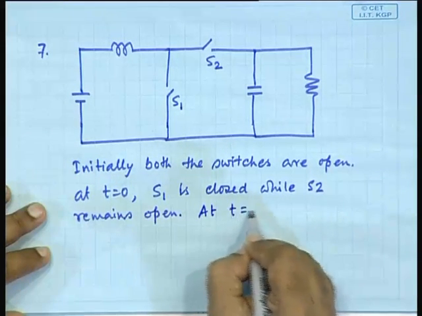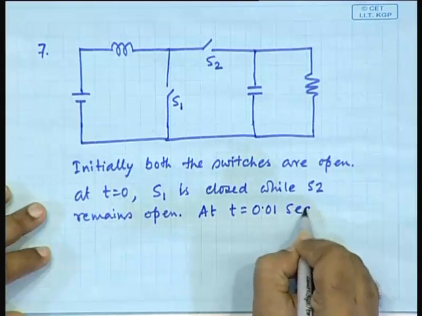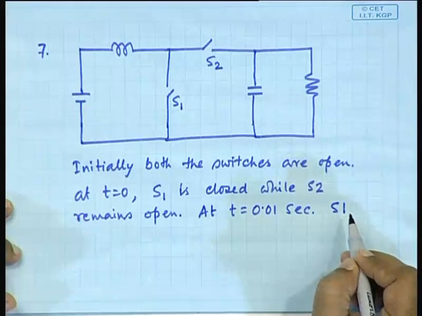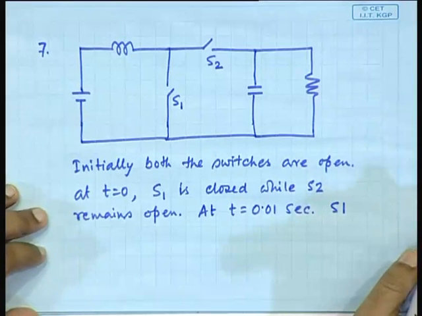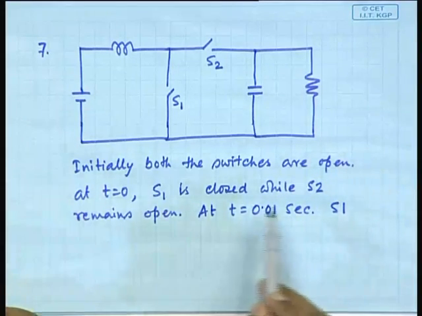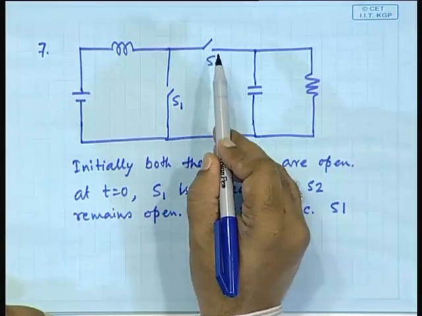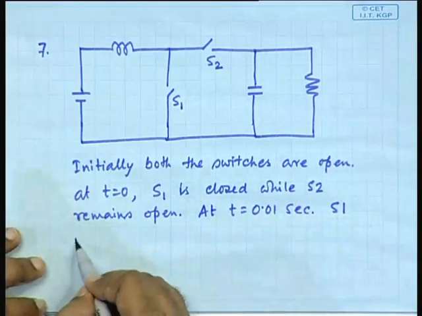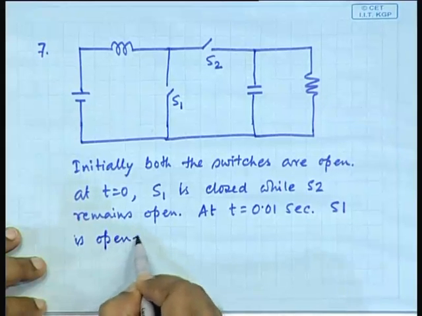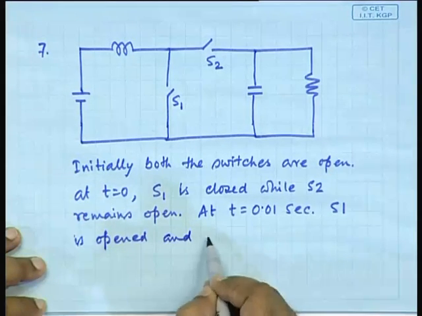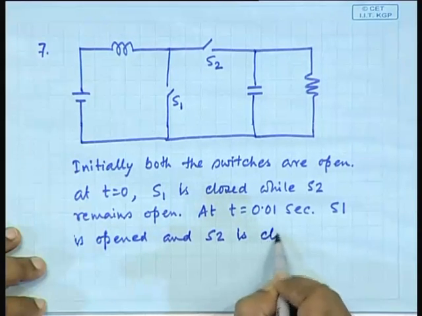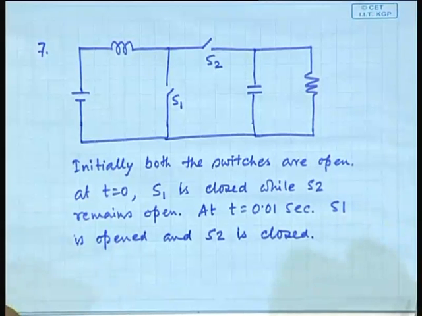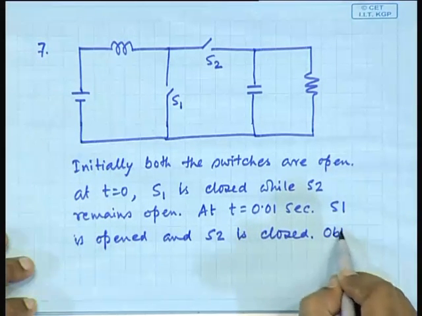At t equal to 0.01 second, wait, initially S1 is closed, S2 is open, and then S1 is opened and S2 is closed. Obtain the inductor current waveform.